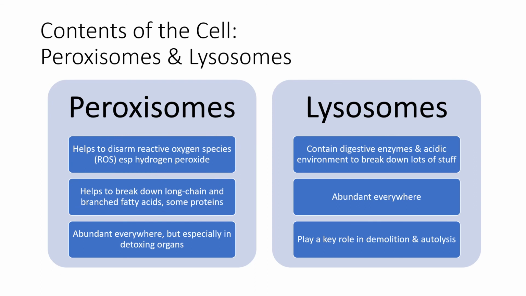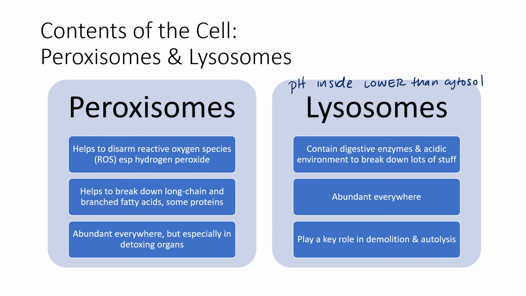Lysosomes are vesicles that contain digestive enzymes and have an acidic internal environment to break down lots of stuff. So the pH inside lysosomes is lower than cytosol. This is your main digestive organ of the cell, the garbage heap.